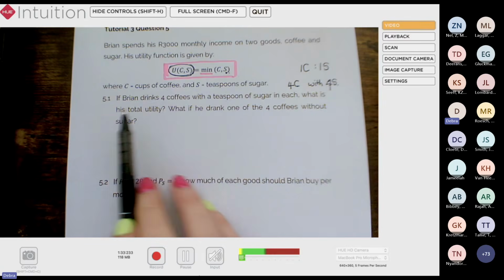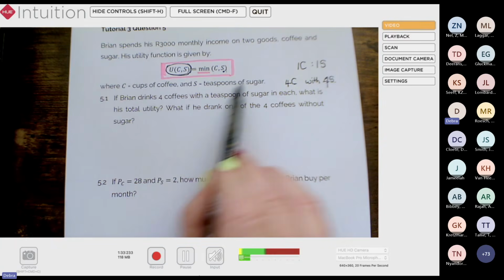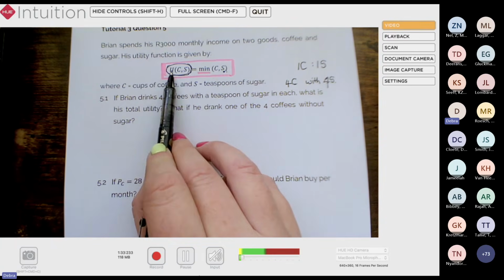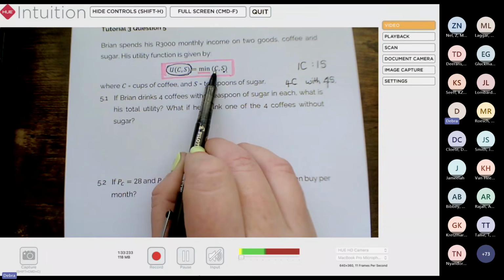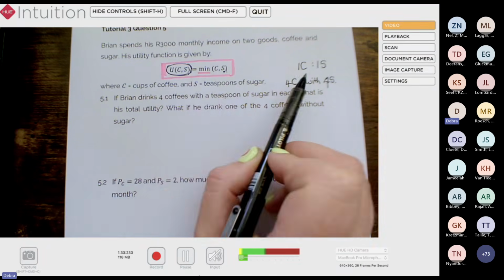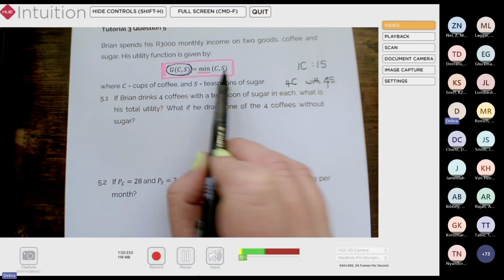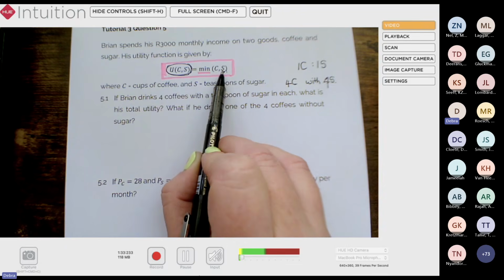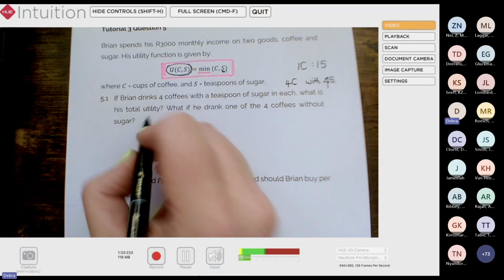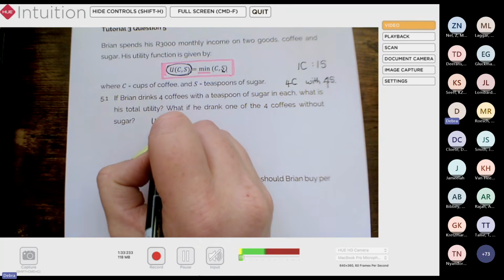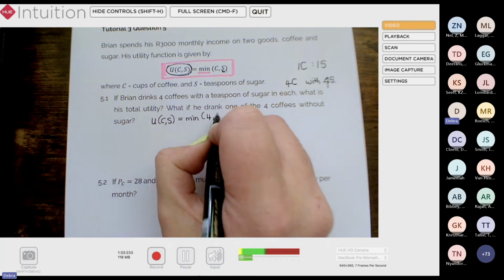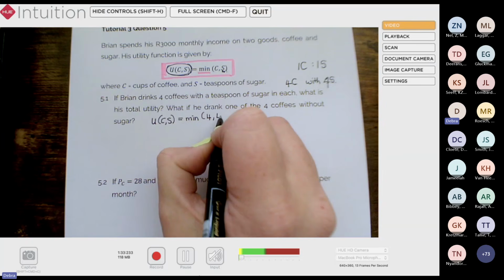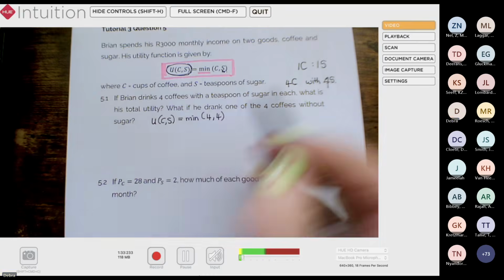Okay, so we use this function here to find out his total utility when he drinks 4 coffees, and each of those coffees is drunk with a teaspoon of sugar, which means he also has 4 teaspoons of sugar. So his utility from coffee and sugar in this case is going to be the minimum of 4 and 4, and the minimum of 4 and 4 is simply 4.